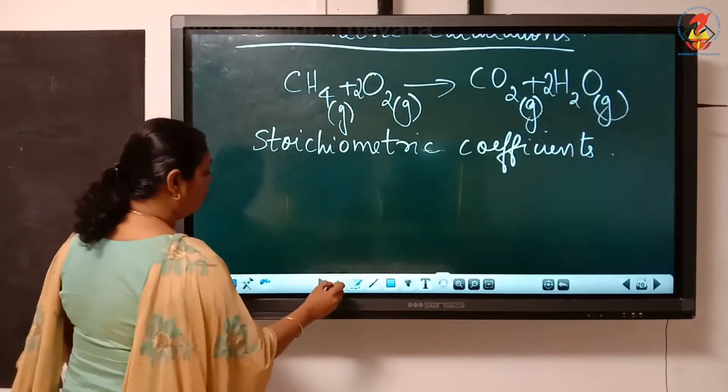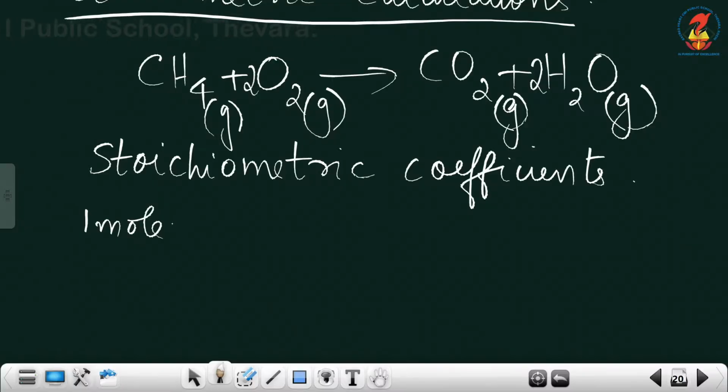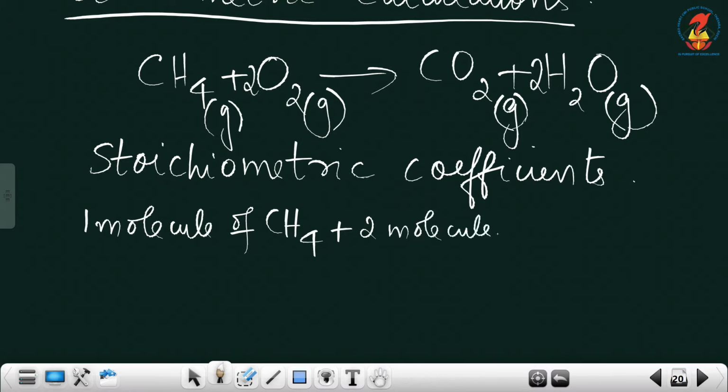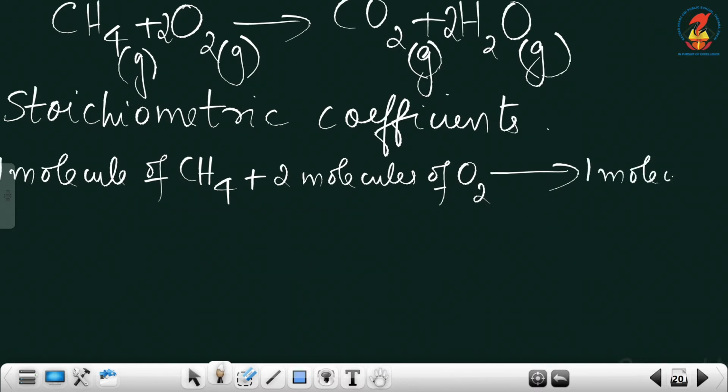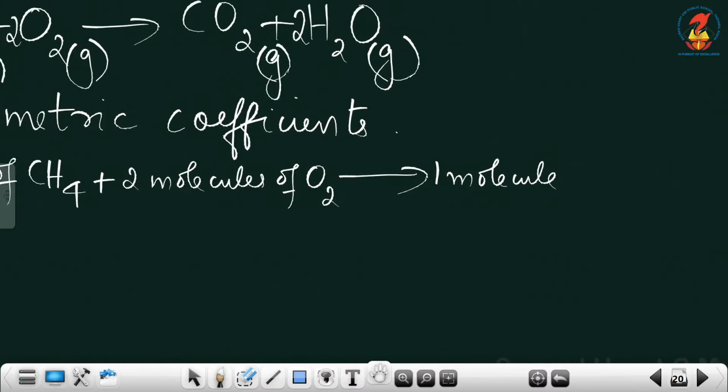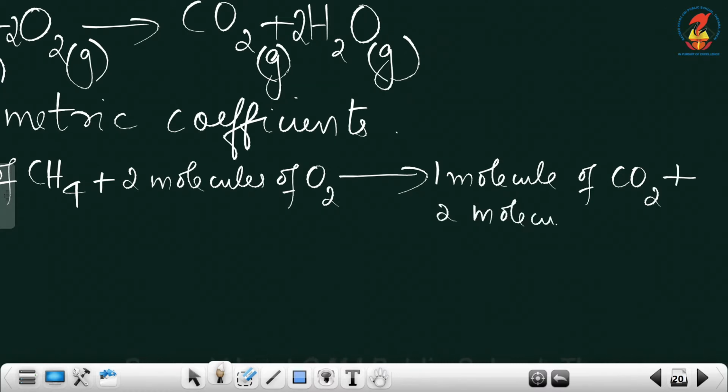that 1 molecule of methane combined with 2 molecules of oxygen to give 1 molecule of carbon dioxide plus 2 molecules of water vapor, that is H2O, the up arrow denotes steam.